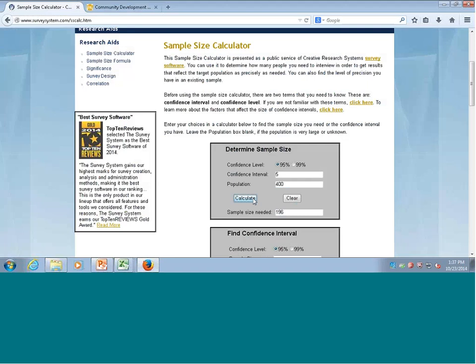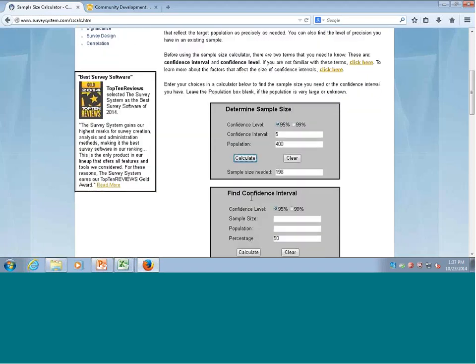So out of the 400 people, you need 196 income surveys for that population. To account for over-sampling, for non-responses and vacancies, we would divide 196 by 80%, and that would give us a total of 245.